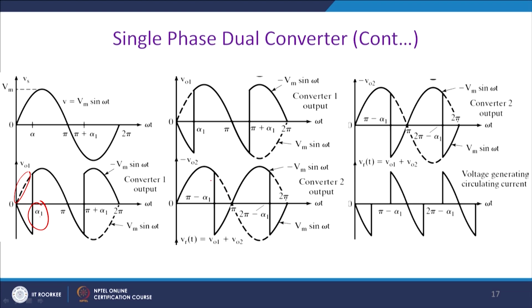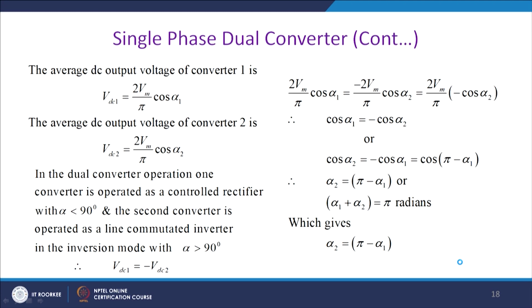So, you have triggered at pi minus alpha, and essentially you will get this part of the voltage. So, the output voltage is V1 plus V2. This will be the voltage across the load, and unfortunately there will be a circulating current flowing like this when there is no cancellation of the instantaneous voltages. To block that, we have put in an inductor. So, let us do some analysis.